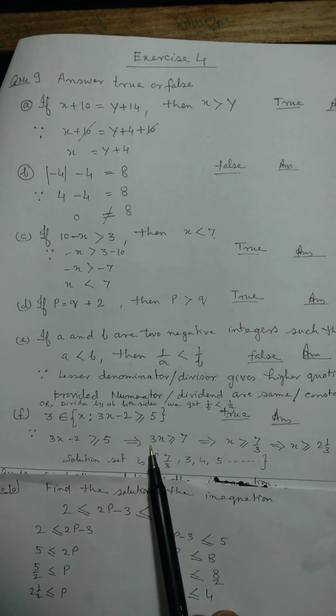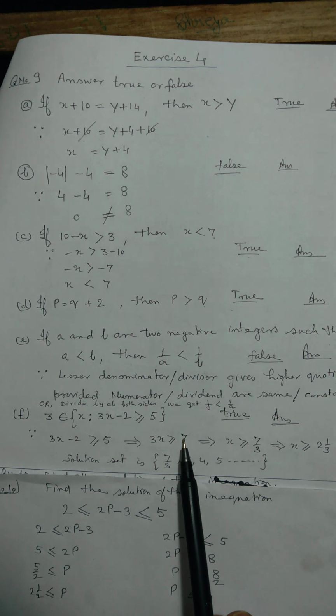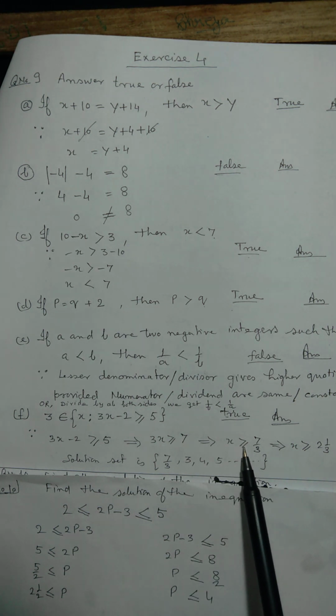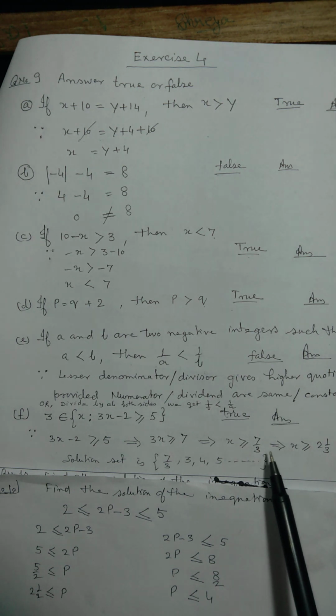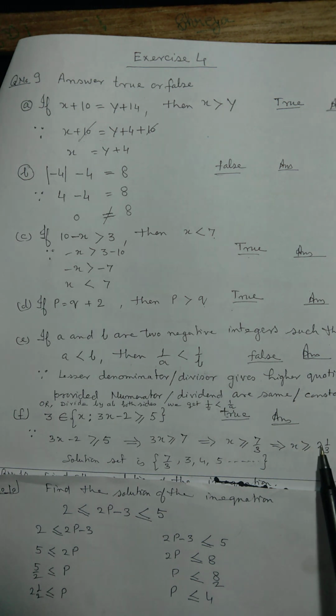This implies that 3x is greater than or equal to 7. So x will be greater than or equal to 7 by 3. We can also say that x is greater than or equal to 2 and 1 by 3.